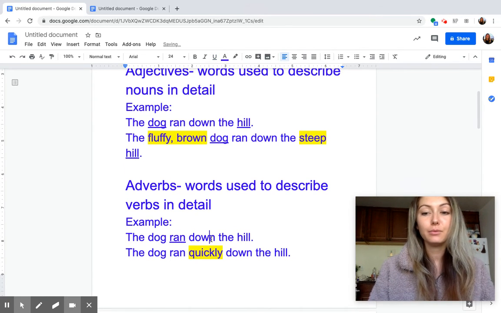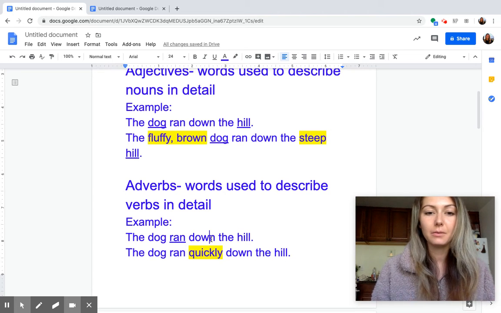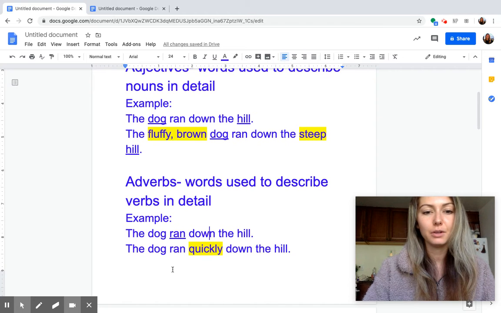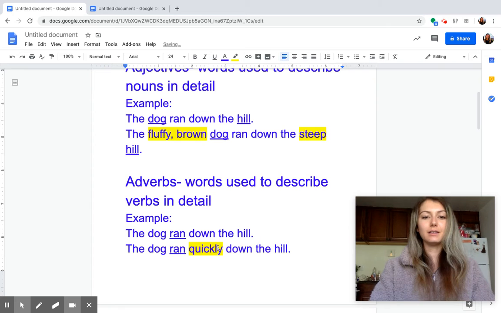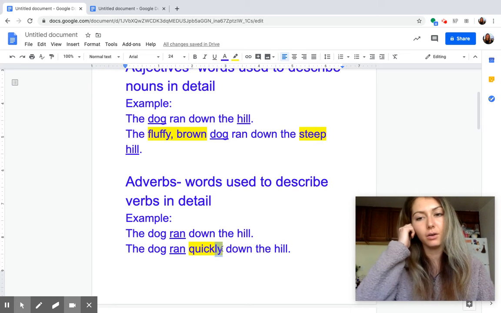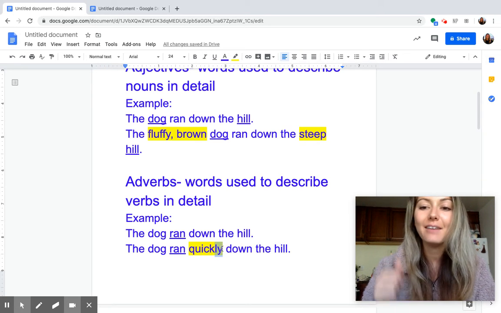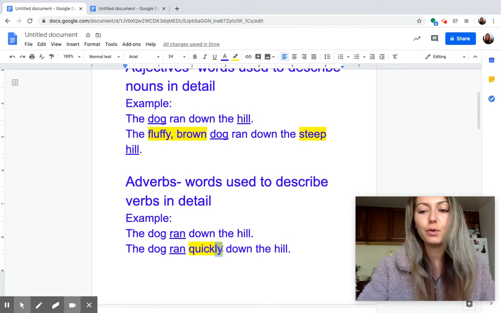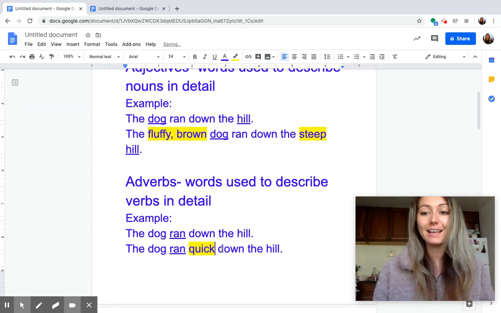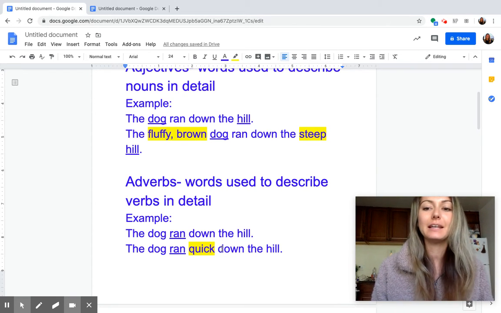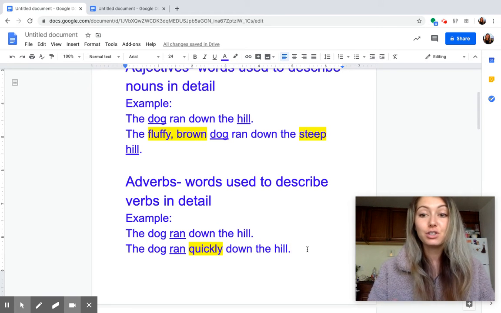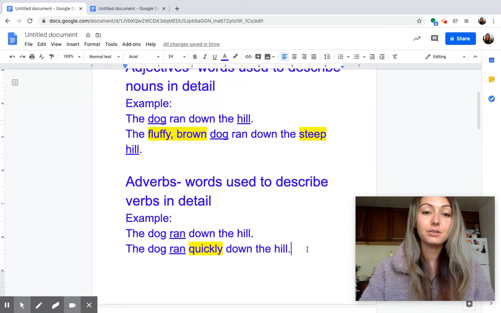So I'm going to underline ran, not dog. Dog is a noun, but ran. How he ran, I'm going to use an adverb to tell. The dog ran quickly. Remember yesterday we talked about this ly ending, how adverbs have ly endings. Most adverbs have ly endings. If we were to take that away, then that's just an adjective. But to make it an adverb, we add that ly ending.